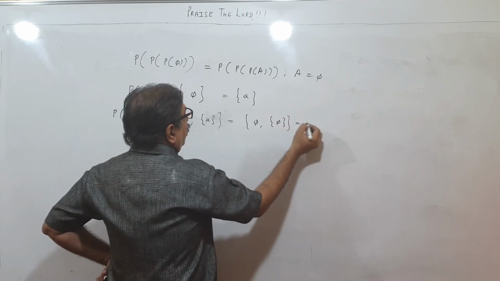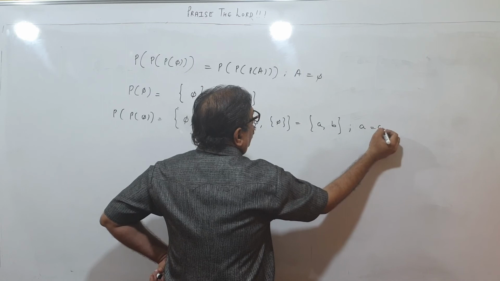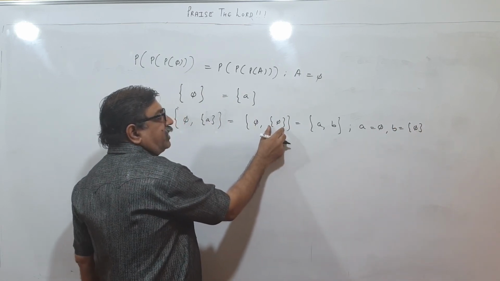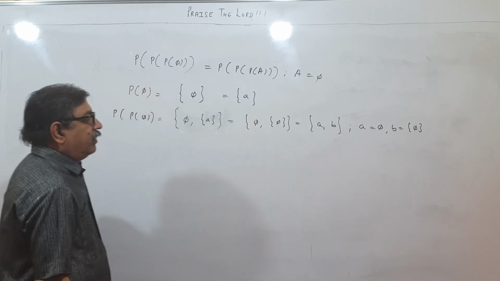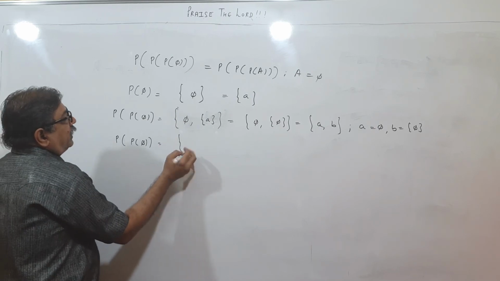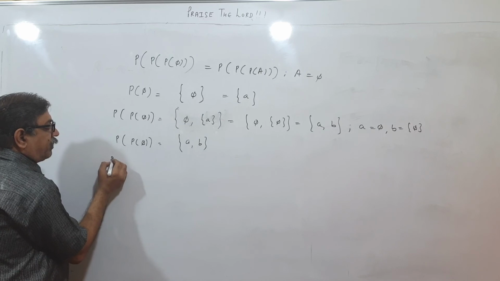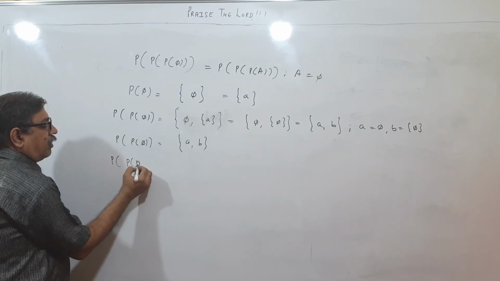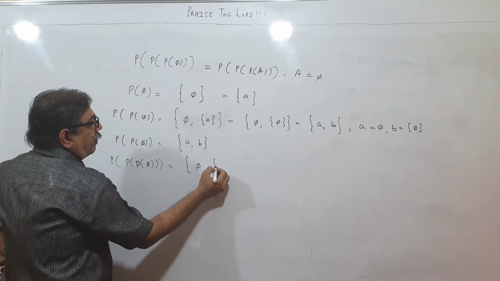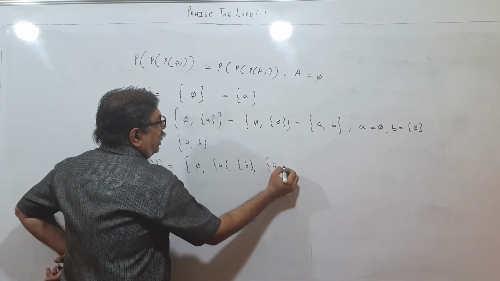Now think, 5 means AB, where A will be 5 and B will be like this. Understand? This I am taking as B, this I have taken as A. So now my P(P(5)) is AB. If I want to make the power set of this, that will be null set, A, B and AB.